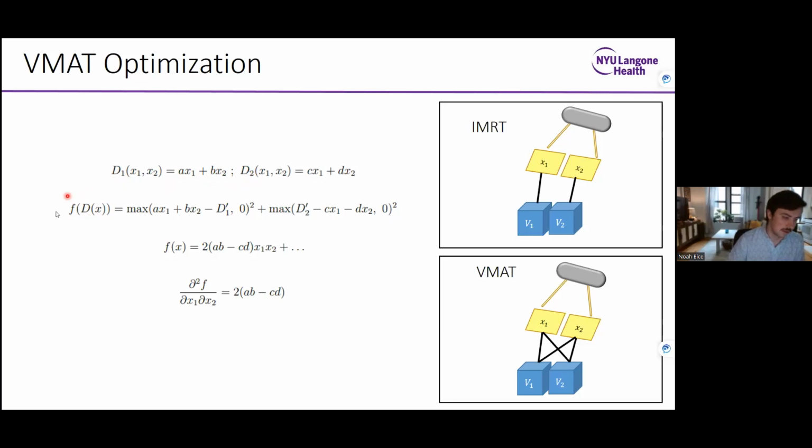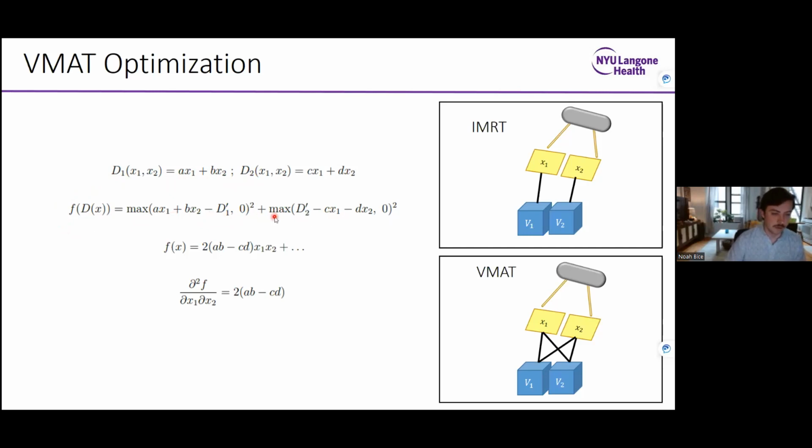We write out a simple objective function where we're trying to treat voxel 2 to D2 prime and spare voxel 1 to D1 prime.